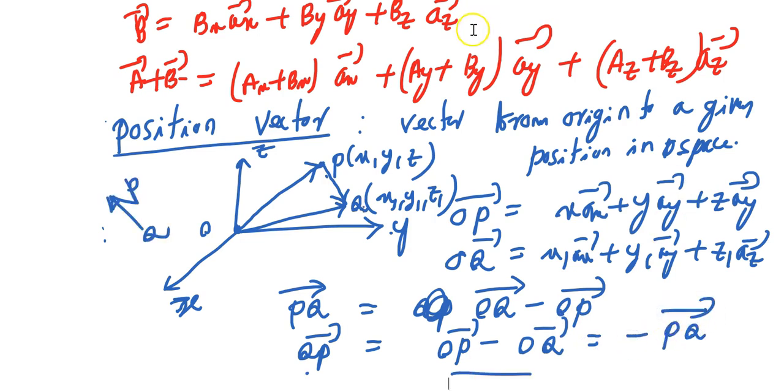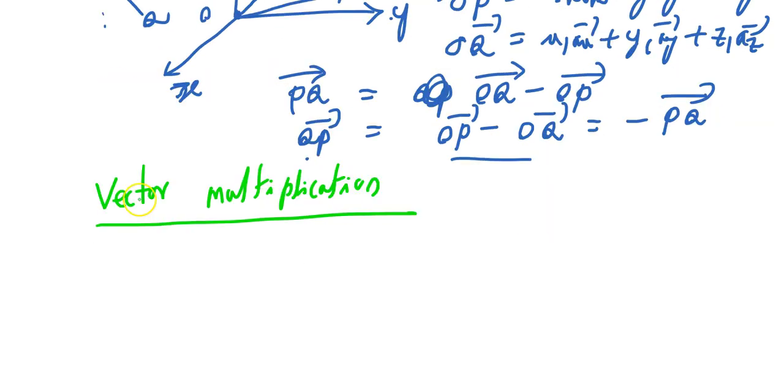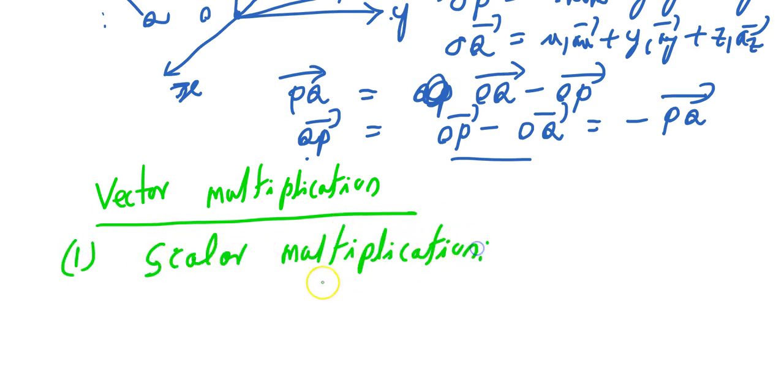Now we'll move to the vector multiplication. First we'll discuss the scalar multiplication, or we call the dot product.